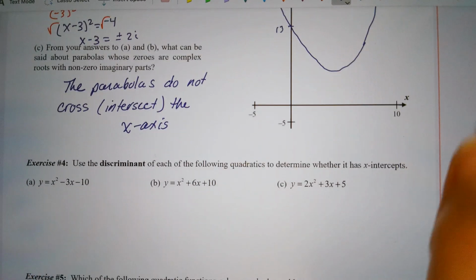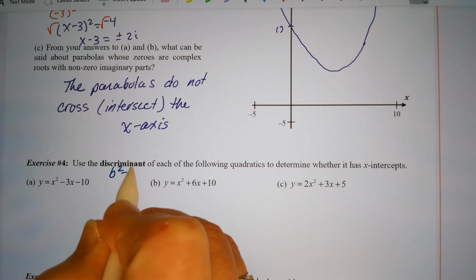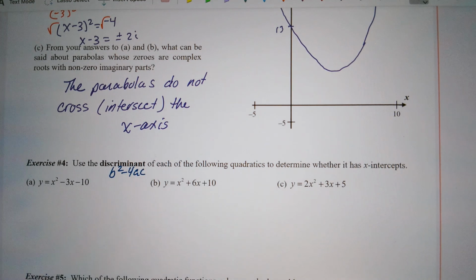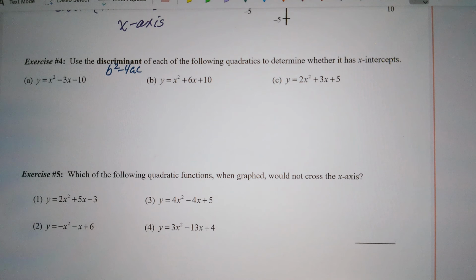Use the discriminant. Now remember, the discriminant is the b squared minus 4ac part of the quadratic formula, the piece that's underneath the square root symbol.